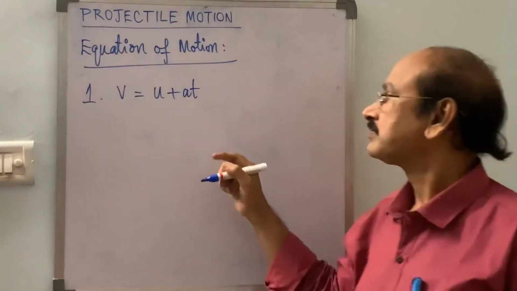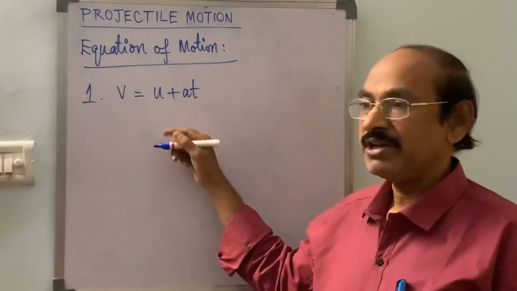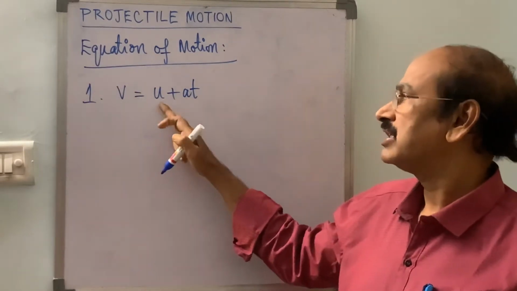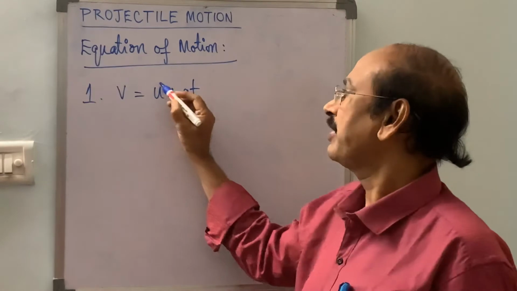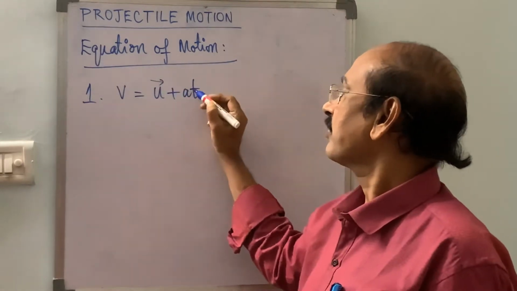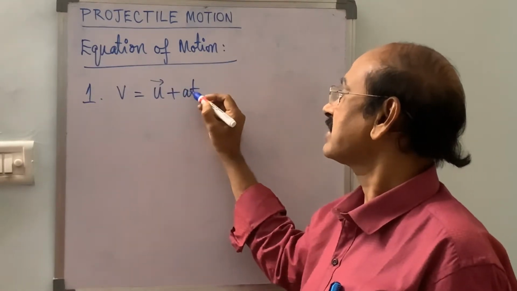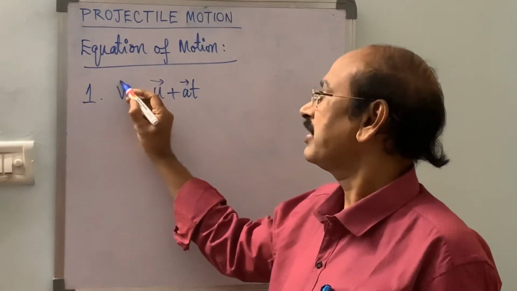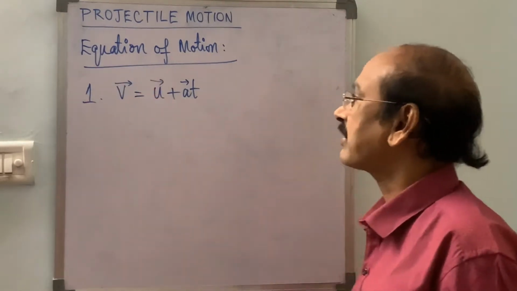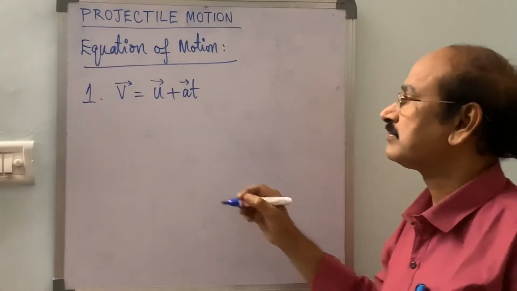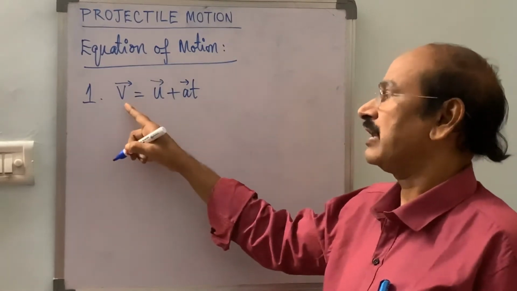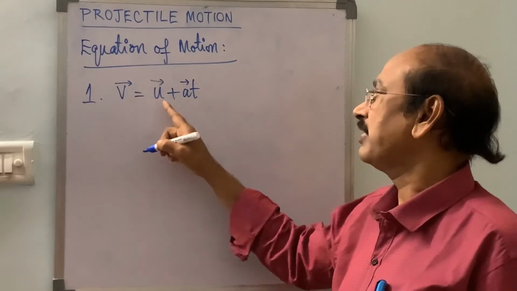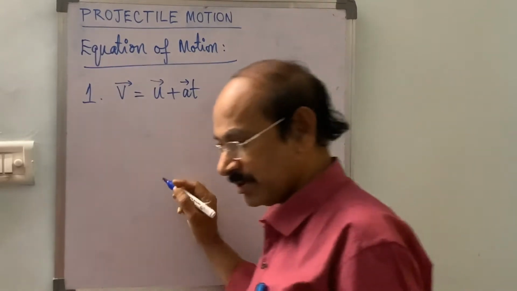For example, when a body is moving with initial velocity u, then it acquires an acceleration a bar in time t. After time t, let its final velocity be v bar. Then the expression for final velocity is v bar equal to u bar plus a bar t.